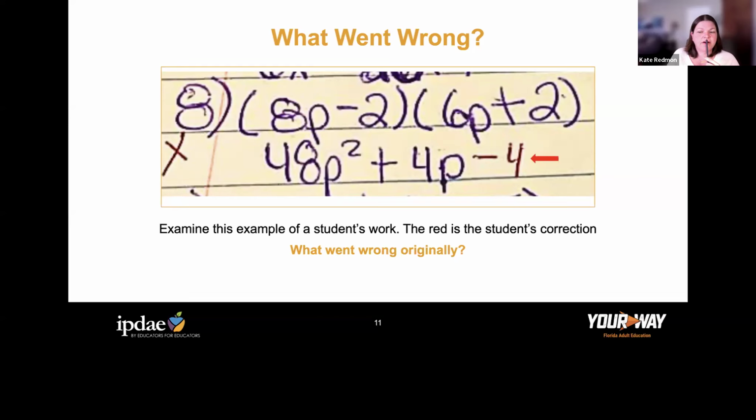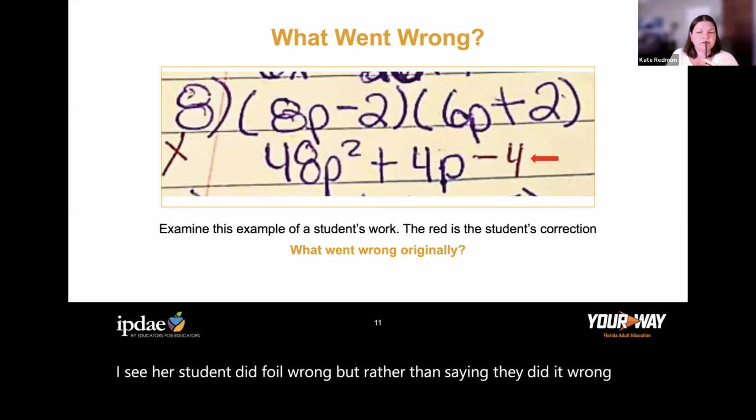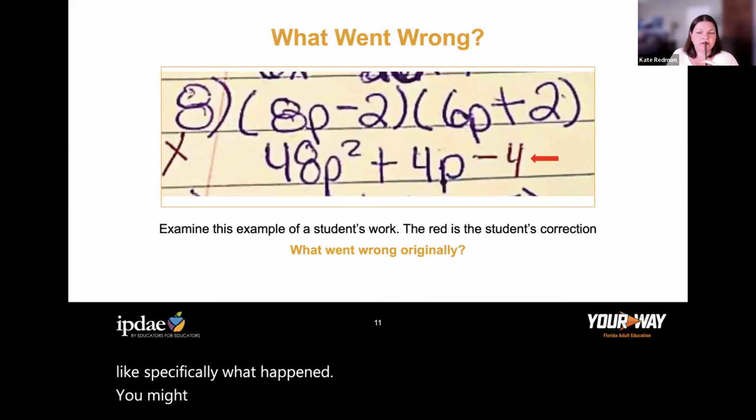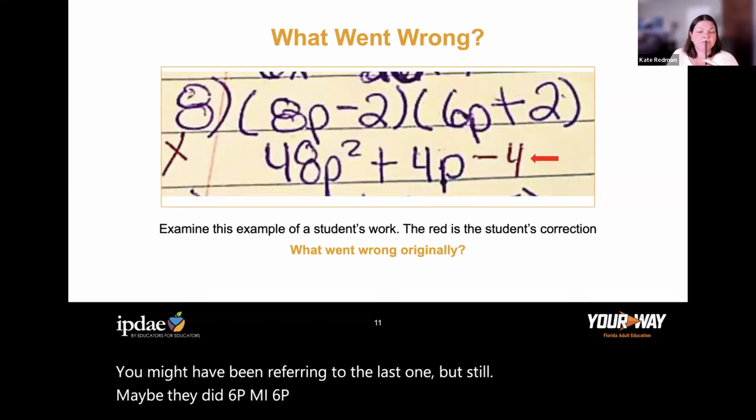I see her student did FOIL wrong, but rather than saying they did it wrong, like specifically what happened, you might have been referring to the last one, but still. Maybe they did 6p minus 2 and got 4p, possibly.